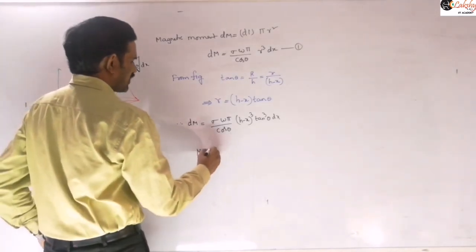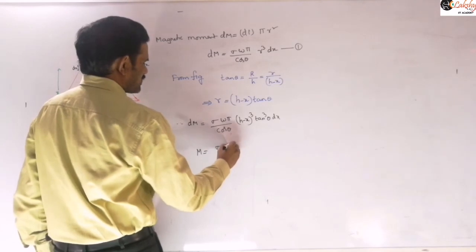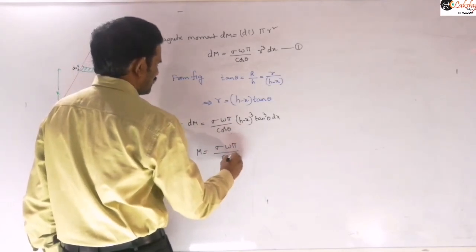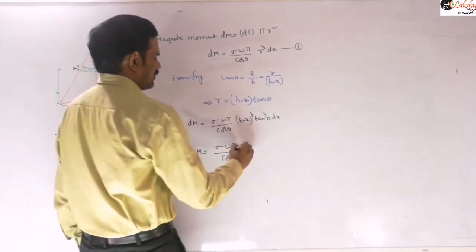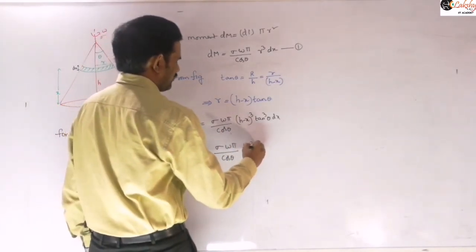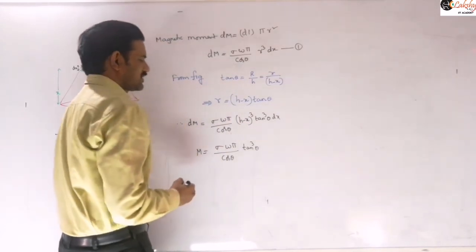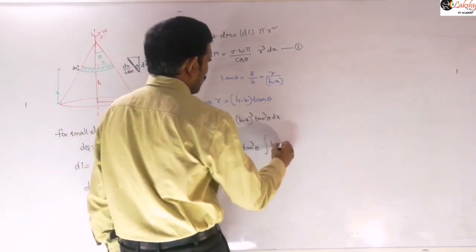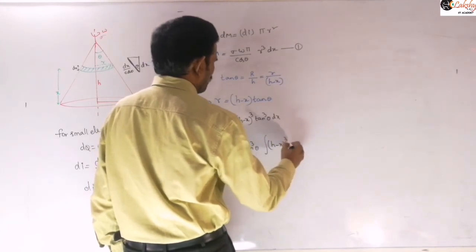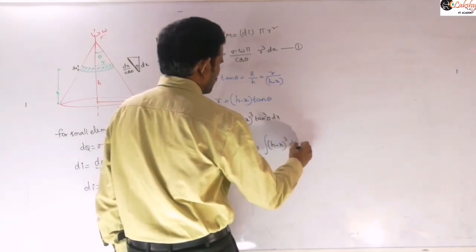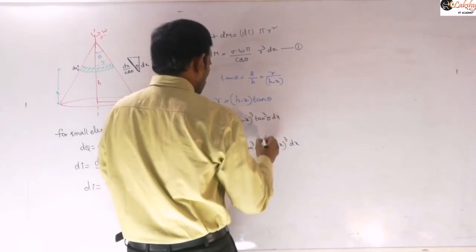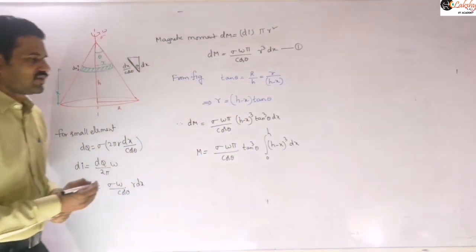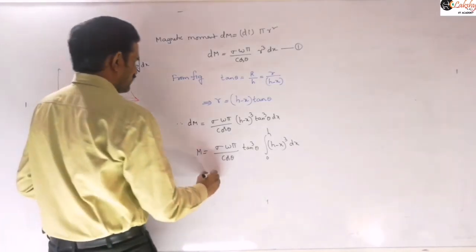Therefore the total magnetic moment will be sigma omega pi by cos theta into tan cube theta, and now this integration you can write as the integral of (h minus x) whole cube into dx. This is from 0 to h, x varies from 0 to h. And so then let us simplify these equations here.